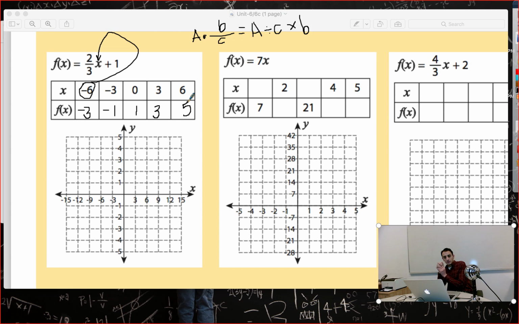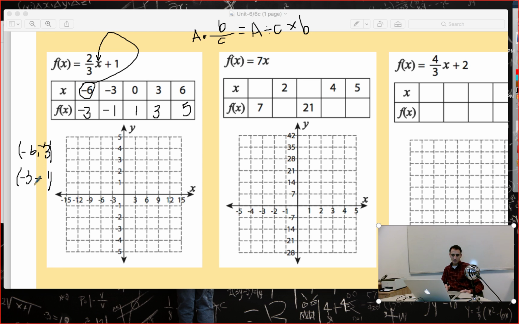So, step number 3 is plot the points. Find the places of these points. We have ordered pairs here. The first one is negative 6, negative 3. Okay? Negative 6, comma, negative 3. The second point is negative 3, negative 1.